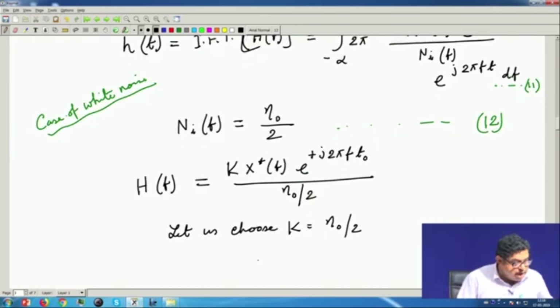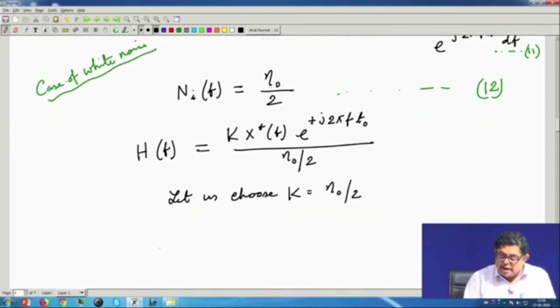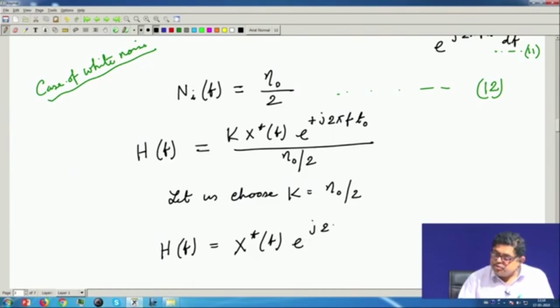The moment we do that, we get the value of H(f) as X star(f) e to the power j 2 pi f t0.